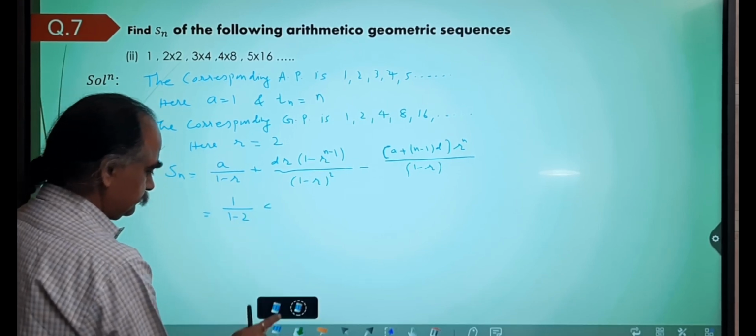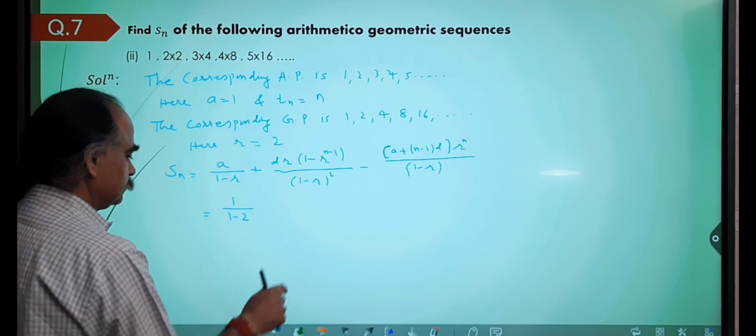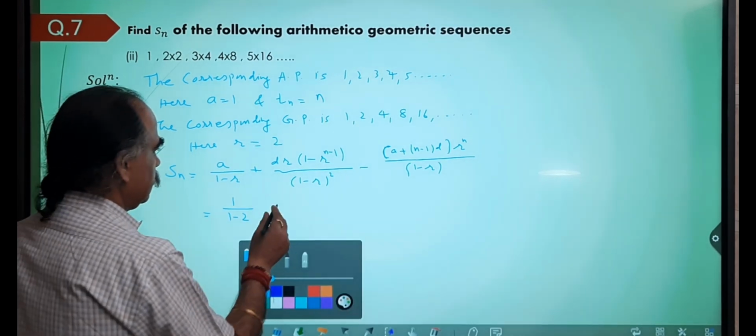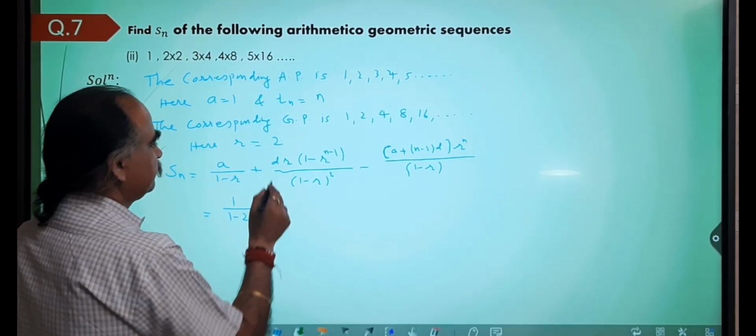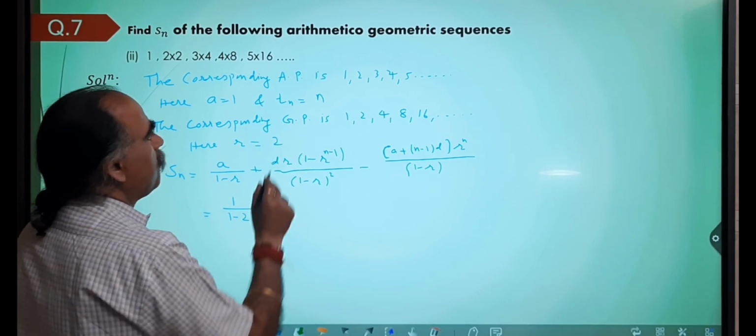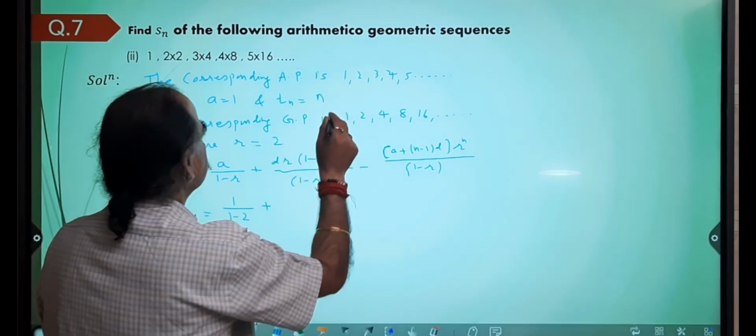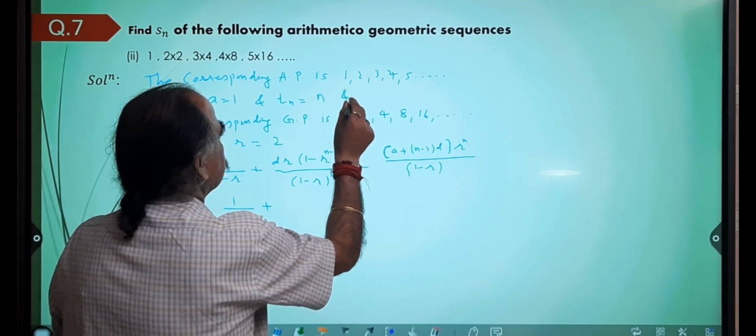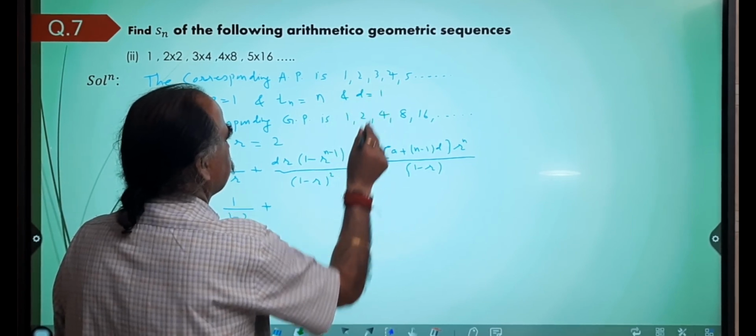plus D is what? Common difference of AP. Here let me write, D is 1.